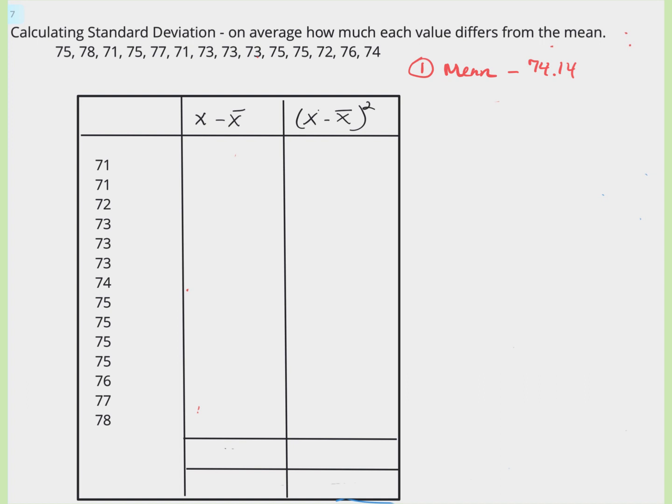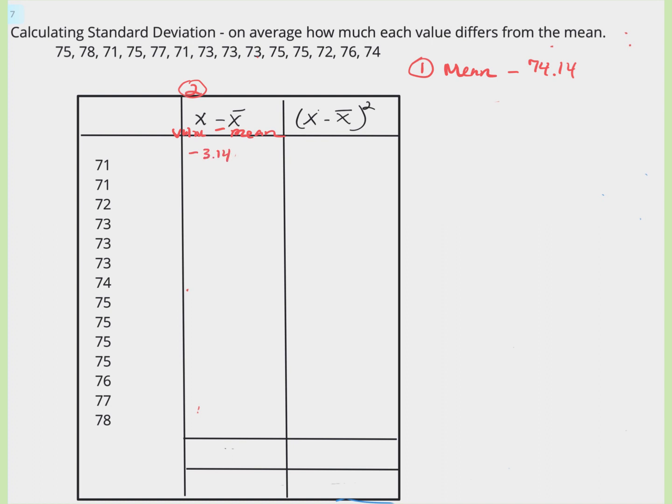And then in step 2, we're going to go to this second column in our chart here. And what we're going to do is we're going to take the value minus the mean. So that x bar is our mean. We're going to take each value and subtract the mean from it. So for example, we're going to start off by taking 71 minus 74.14, and that's going to give me negative 3.14.